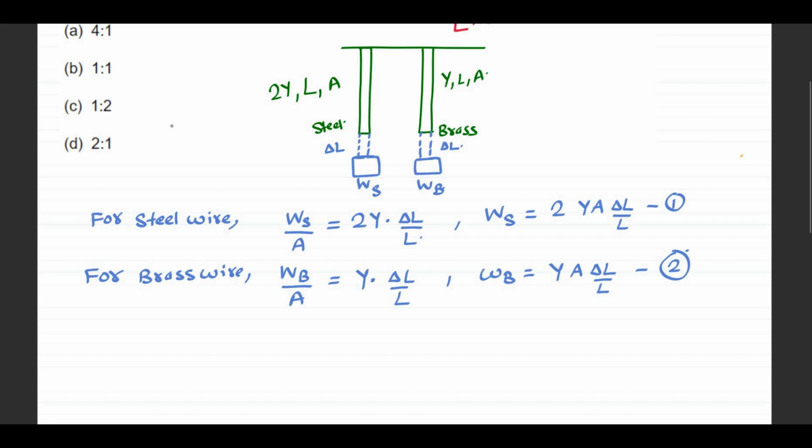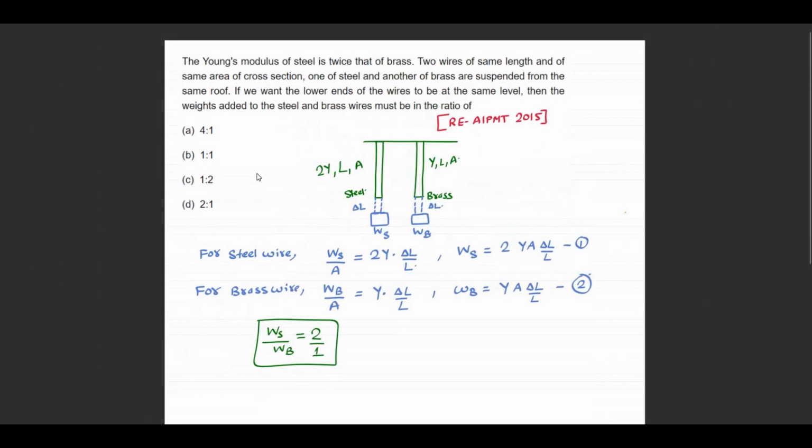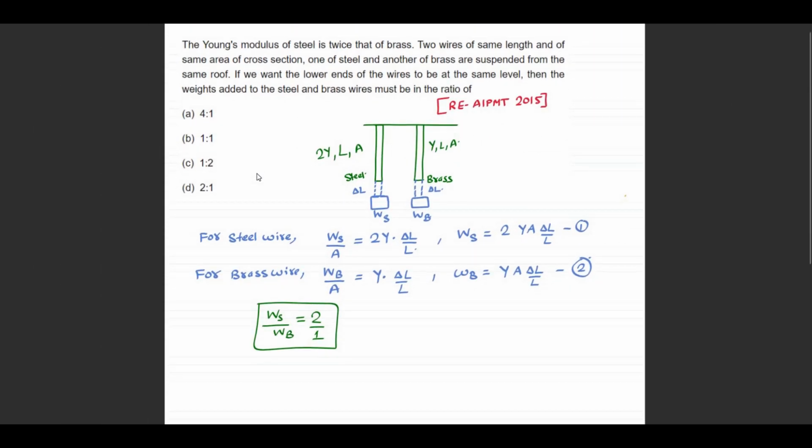If I take ratio of 1 and 2, LHS will become this, RHS will be this, and hence the answer to this will be 2:1, right? The answer to this will be 2:1.